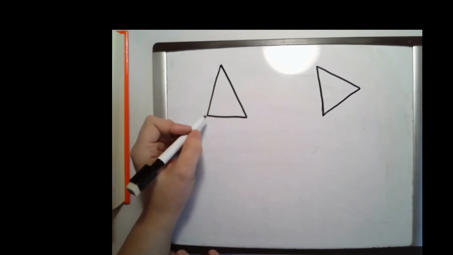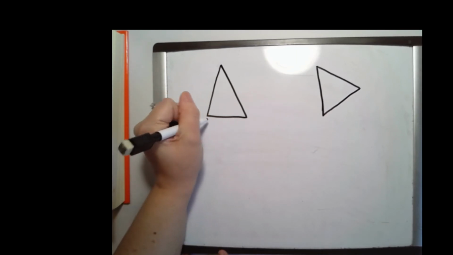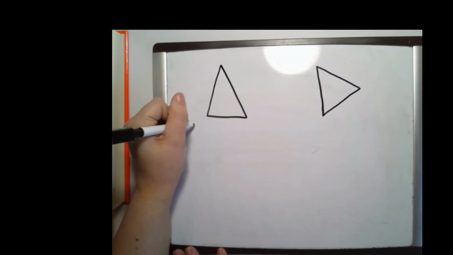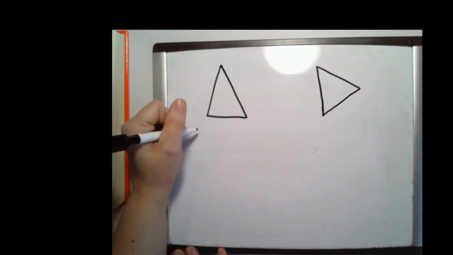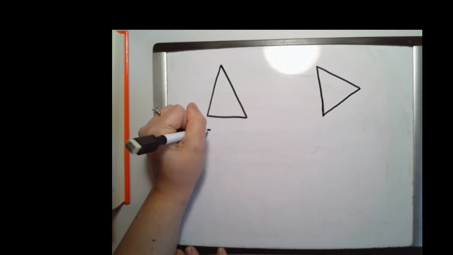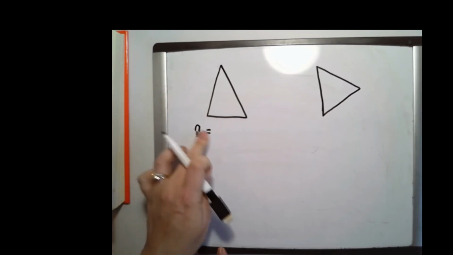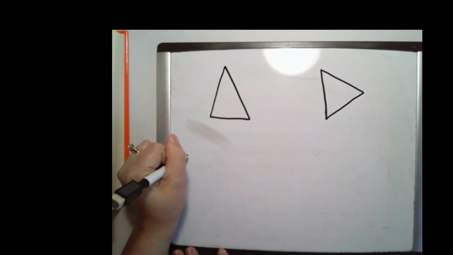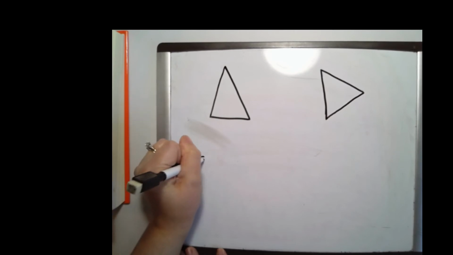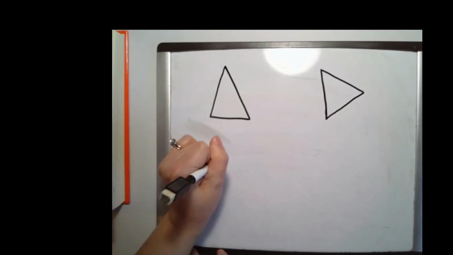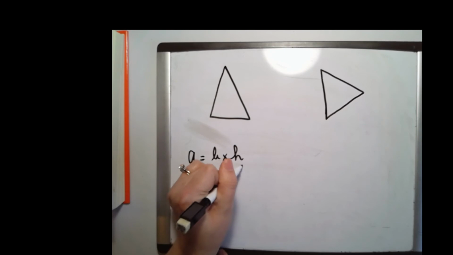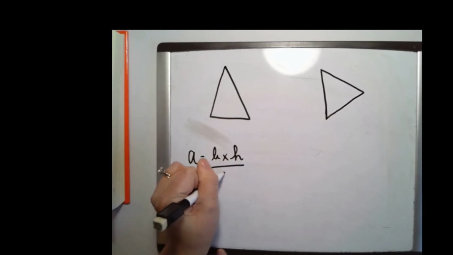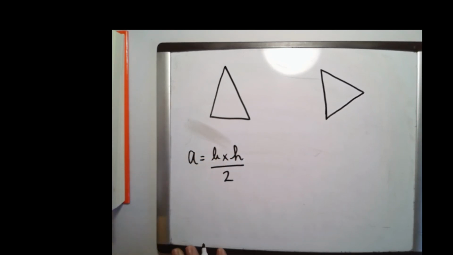I'm going to say that for this one, let's see, I'm going to use my first formula on this triangle. So area equals, I'm going to write this a little bit lower so I have room to put my base and my height. So area equals base times height, and then we divide that answer by 2.